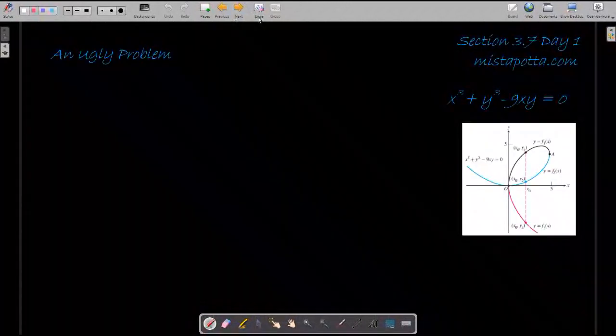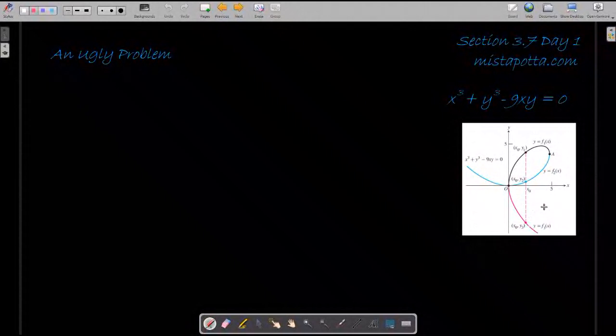So what I've got as an example here is a very ugly problem. I've got x cubed plus y cubed minus 9xy equals 0. And as you can see, this graph that we've got over here is not a function. It does not pass the vertical line test for values of x between 0 and 5.